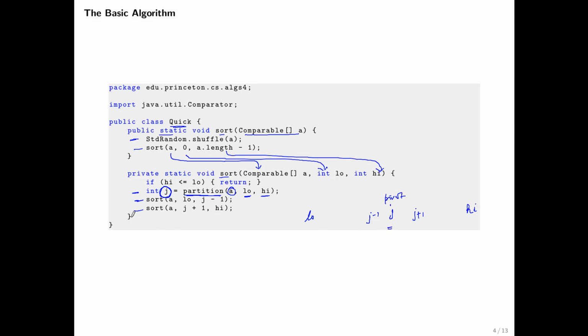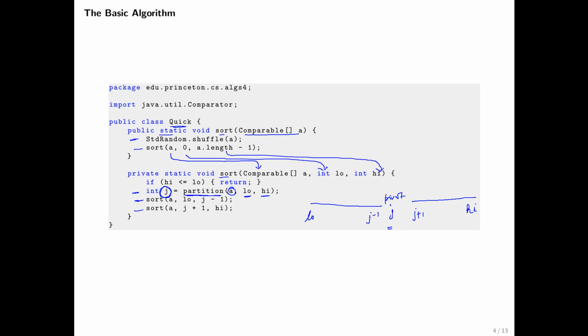Okay, and then we simply make two recursive calls to sort the elements to the left of the pivot, low through j minus 1, and then we make a recursive call to sort the elements to the right of the pivot, which is j plus 1 through high. Right? And notice that once a pivot is placed at the right place, it never moves throughout the course of the algorithm. All right, so that's something to keep in mind.